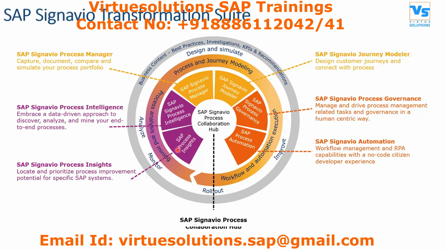In source to pay, the sourcing might happen in Ariba, for example, or purchase requisitions might be created in Ariba. So the purchase order might be created in SAP ECC or S4. Okay, or inventory management might happen in some other system like Copa, where they can manage their inventory properly, for example.